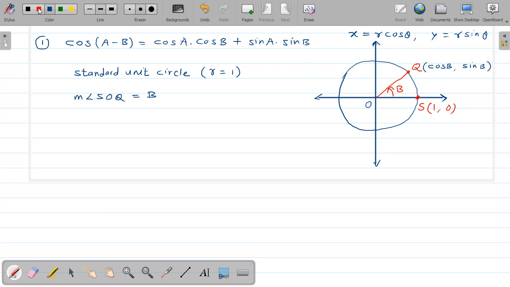Now the next part is we have to consider the point P here on the circumference of a circle.